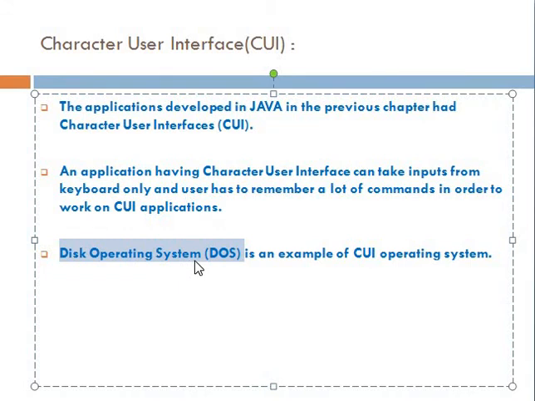This operating system uses a text-based interface where lots of commands need to be typed for interacting with the operating system. For instance, if you wish to open a particular file located in a specific directory in this operating system, that is DOS, you shall have to type commands for that. And typing the commands in such a manner is a very tedious task.